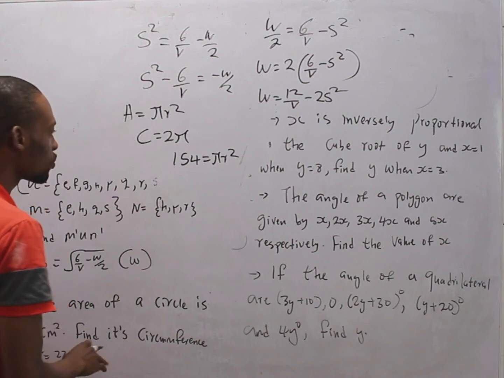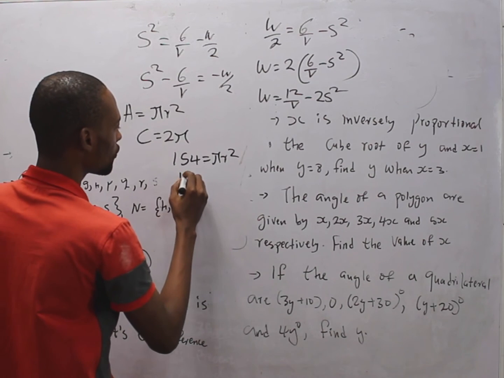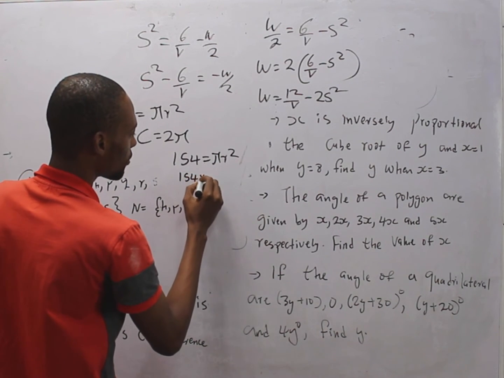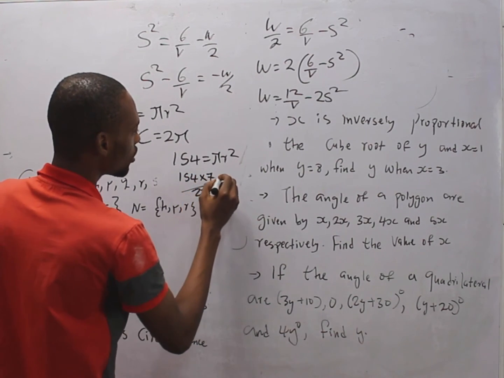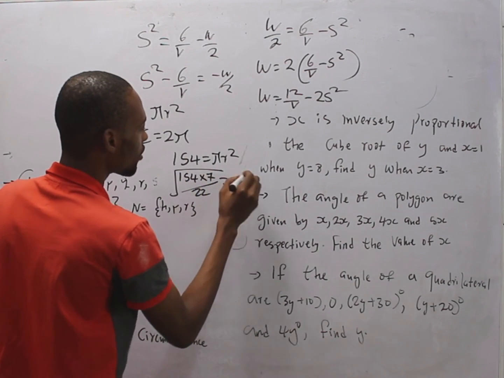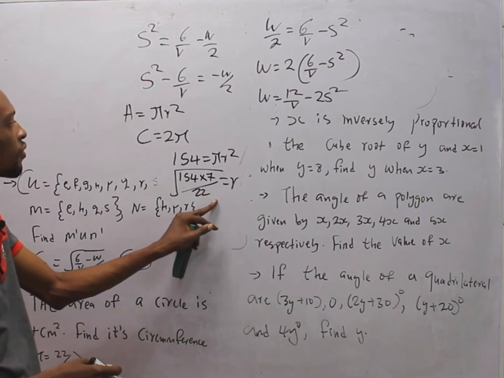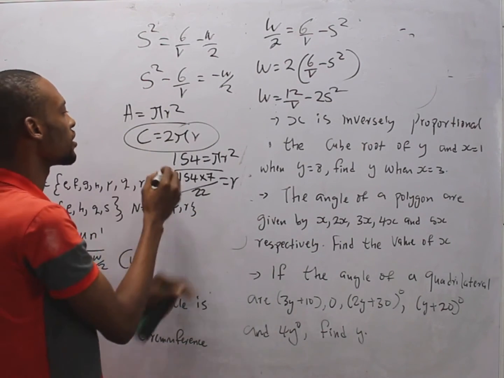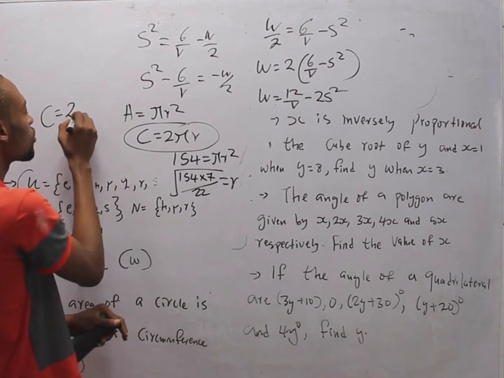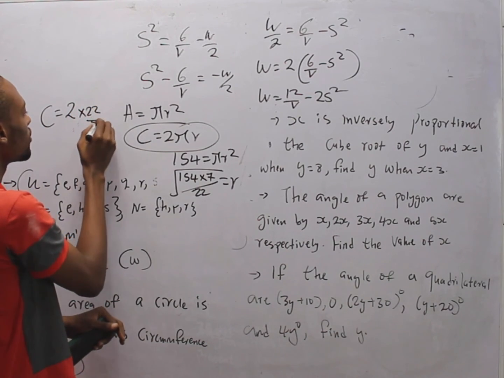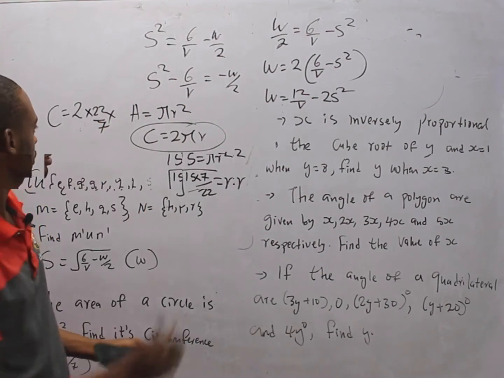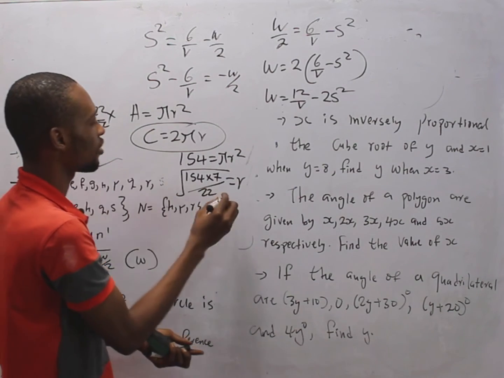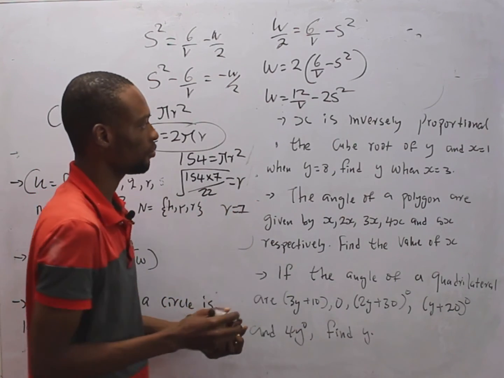And pi is 22 over 7. So the square root of 154 times 7 over 22 is equal to r. So from here you get the radius. After getting the radius, substitute it into the formula for circumference. So circumference is equal to 2 times 22 over 7 times the value of the radius. So this is 7, and the answer is equal to 7.